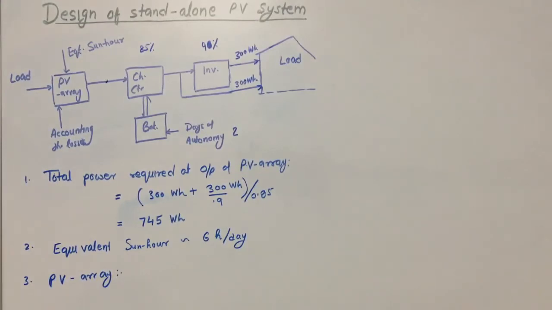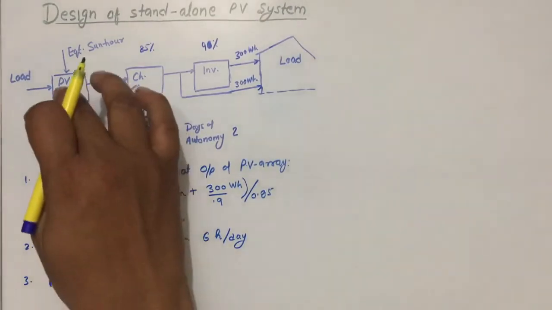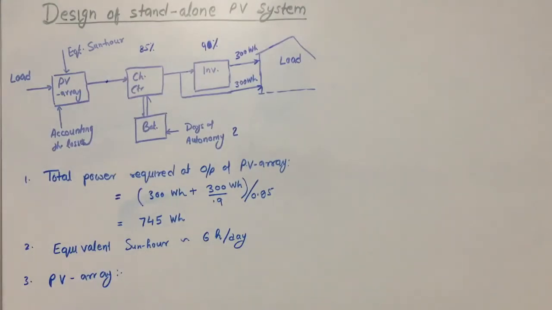Okay, so for example, the panel board that we are going to utilize in this array system has a power output rating of 100 watt. VM, the maximum voltage related to MPPT, the maximum power point, is 16 volt, and IM from the rating of the panel is 6.25 ampere.